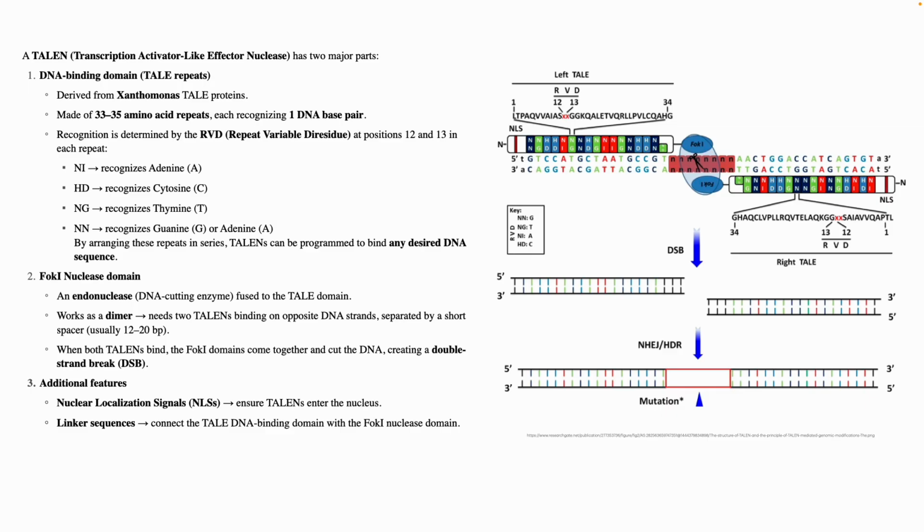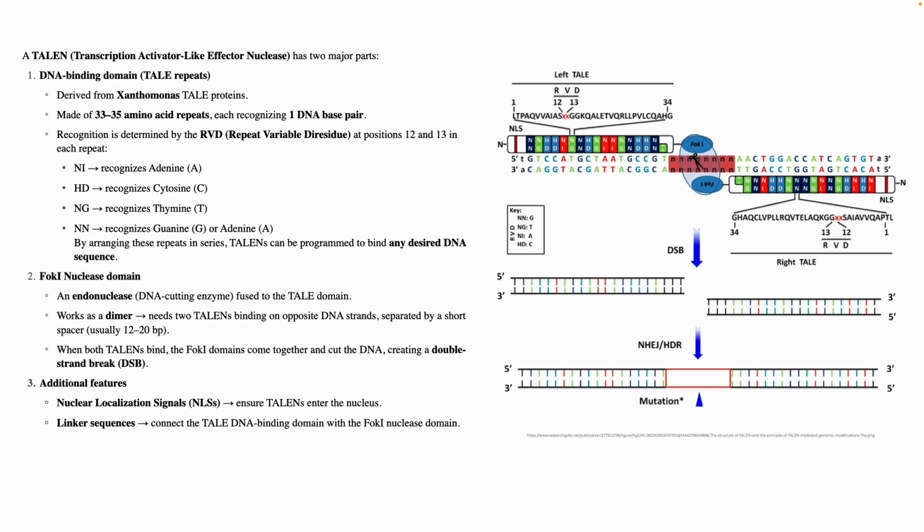So we have already seen how these TALENs are designed based on their target site. Each TALEN repeat is composed of amino acid residues, around 33 to 35 amino acids long, and they differ in the 12th and 13th position, and based on this difference, they bind to their target site.